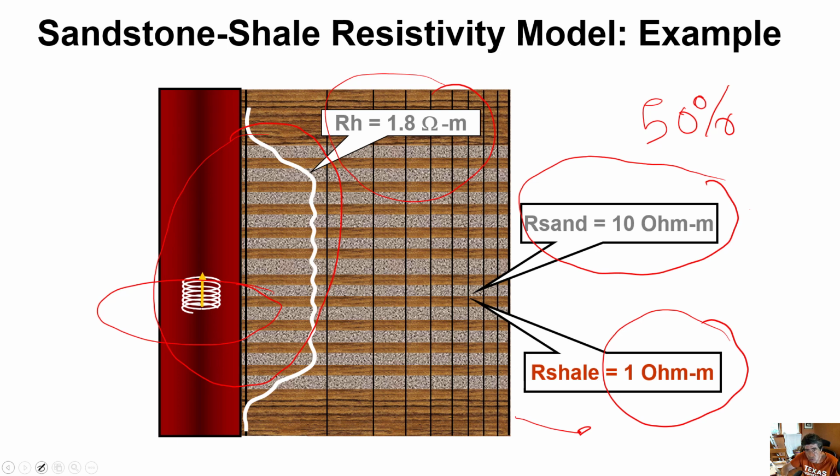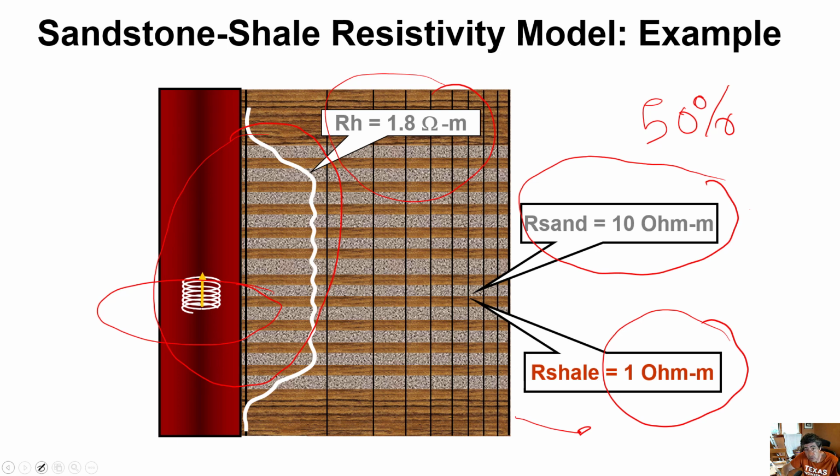So what happens if you take 1.8 ohmmeters and, naively, you have not taken this class, but naively you go and plug this number into Archie's equation instead of the 10? Everything else is the same. You have the porosity the same, you have the Rw the same, and the a, m, and n. All of those parameters are the same.